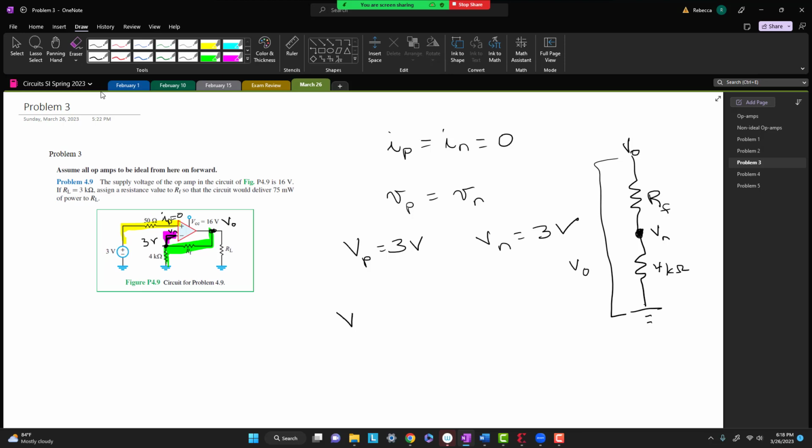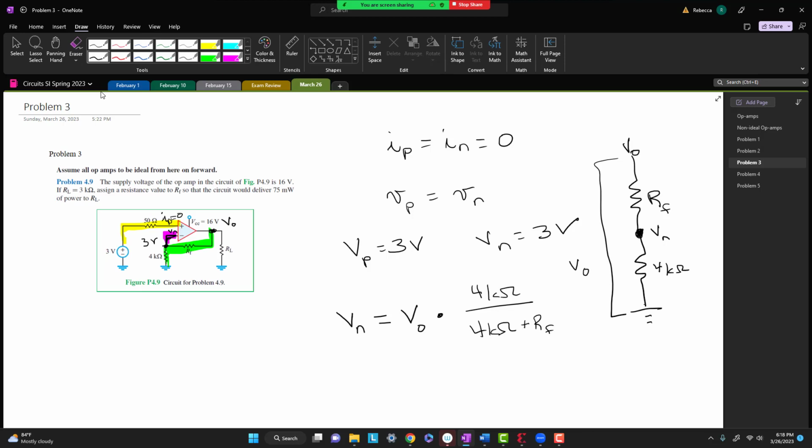So VN has to equal my entire voltage change times the resistance here, which is 4 kiloohms, over the total resistance, which is 4 kiloohms plus RF.